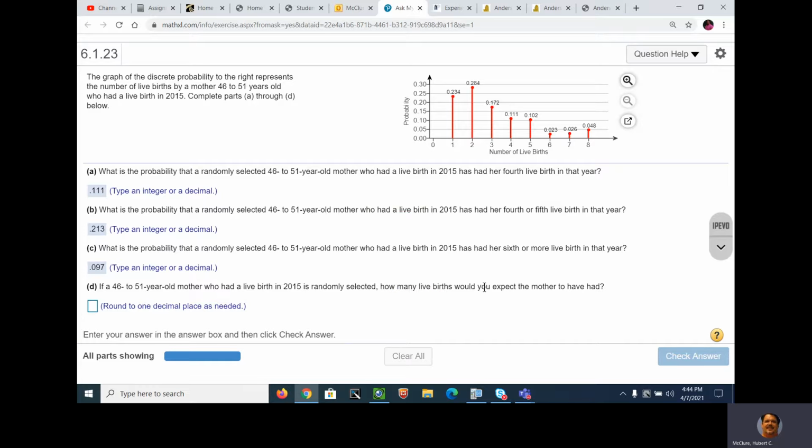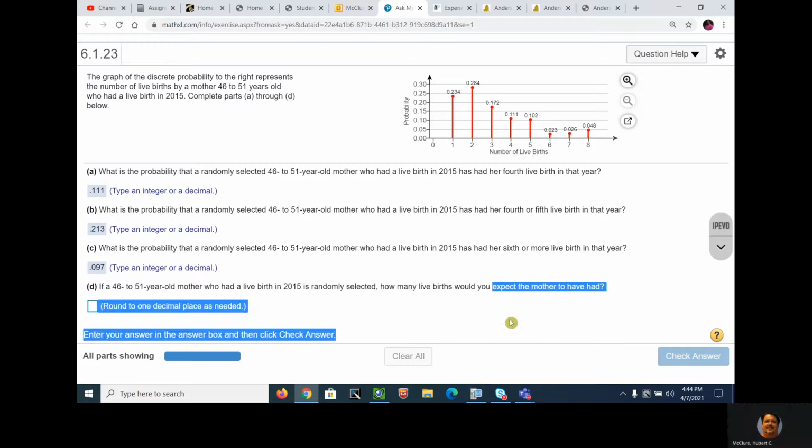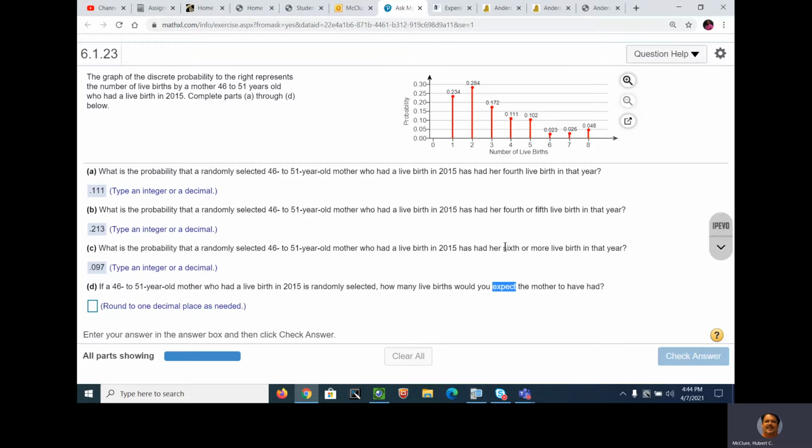How many live births would you expect? Expect. The expected value. So all those first 3 questions were pretty simple because all you got to do is read the chart. Okay. For D, you're going to have to find the mean, which is also called the expected value.